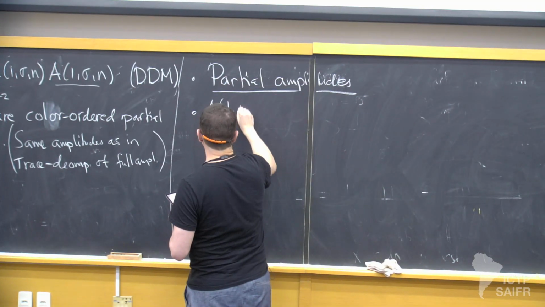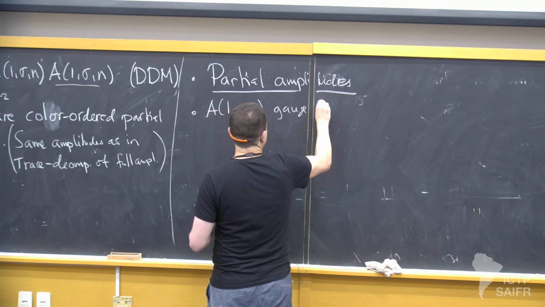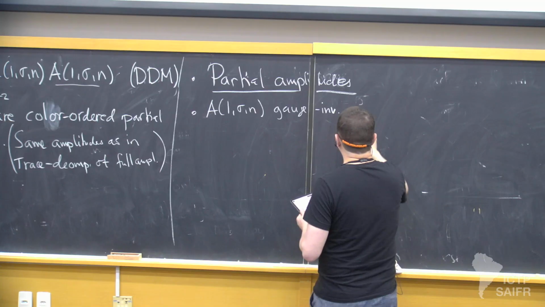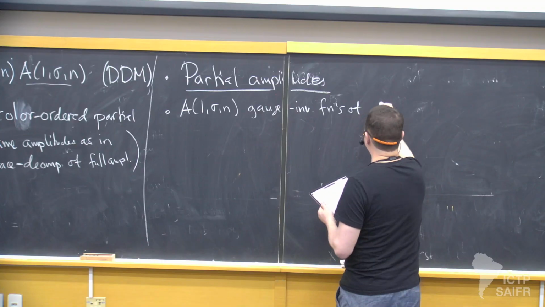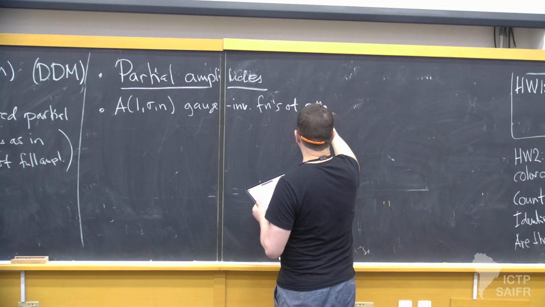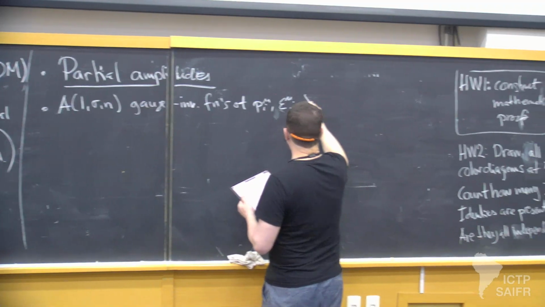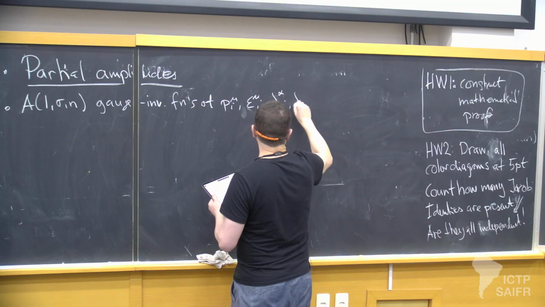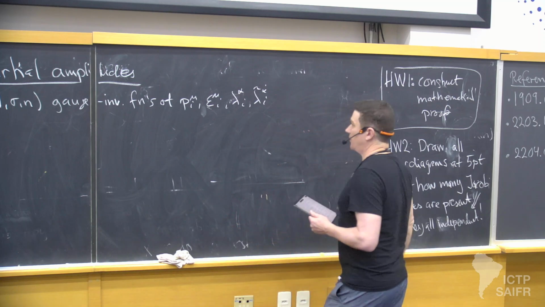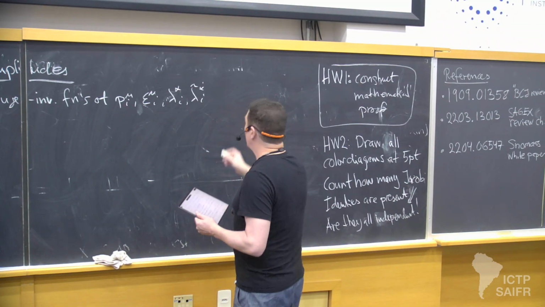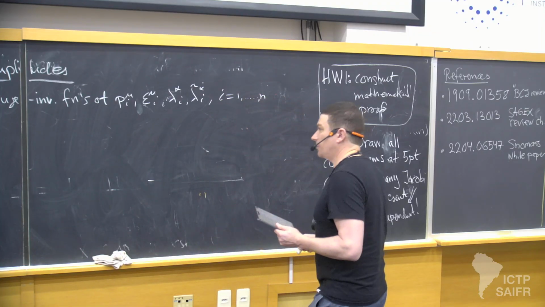So A(1, sigma, n) is gauge invariant. And they're gauge invariant functions of the kinematic building blocks: p_i, epsilon_i if you have polarizations, lambda_i, lambda twiddle_i if you have spinors, or if you have eliminated your p and epsilon, you can also write it in terms of just lambdas. Here i labels the particles.